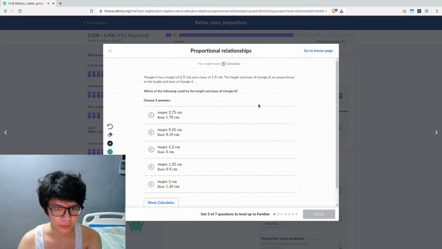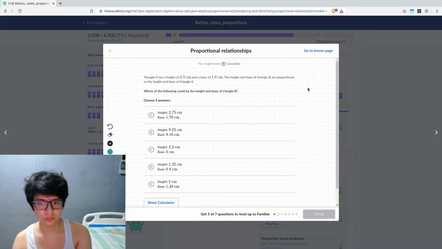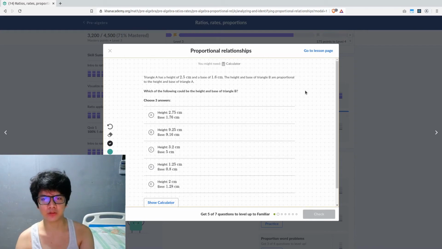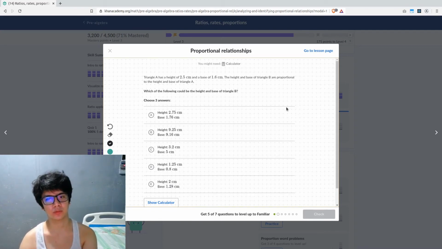Triangle A has a height of 2.5 centimeters. Compare the height and base of triangle B to the height and base of triangle A. Okay, so let's see, 1.6 divided by 2.5.